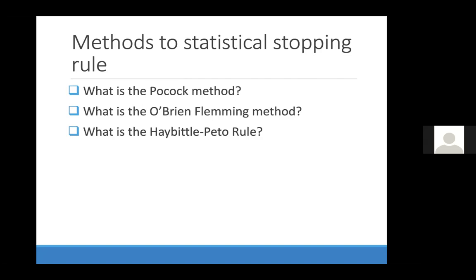And the third one, in this approach, the trial is stopped when there is overwhelming evidence to stop the trial, and the threshold has been considered at 0.001.